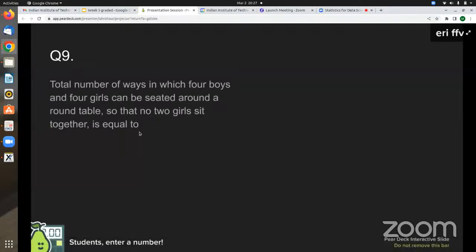This is the last question we are going to have. Total number of ways in which 4 boys and 4 girls can be seated around a round table so that no 2 girls sit together.